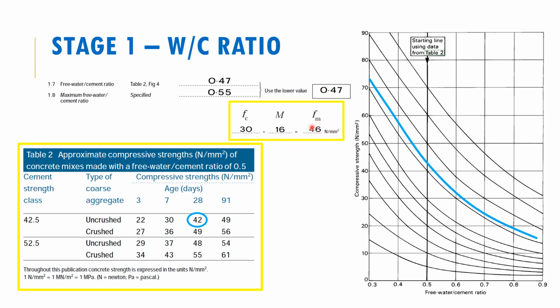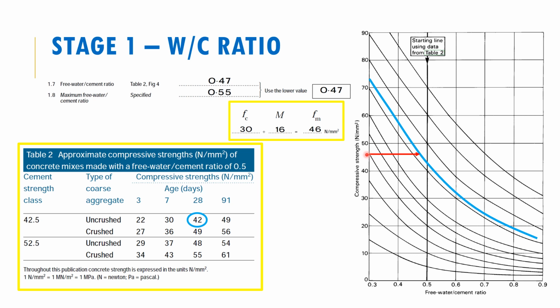So in order to determine the water to cement ratio for that strength, we need to utilize that blue extrapolated curve. And the way we do that is we start off from the y-axis now. 46 is approximately somewhere over here. Again, you need to approximately be in that region, so you don't have to have this done precisely.